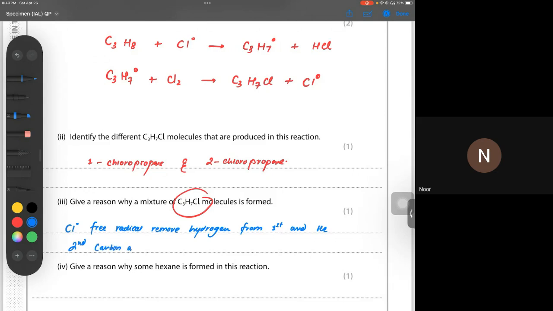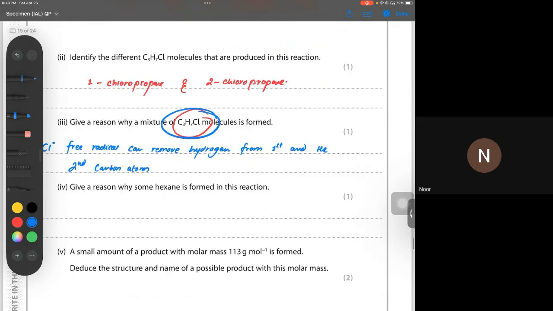You can remove hydrogen from the first and the second carbon atom. So of course it would be forming this product, C3H7Cl.